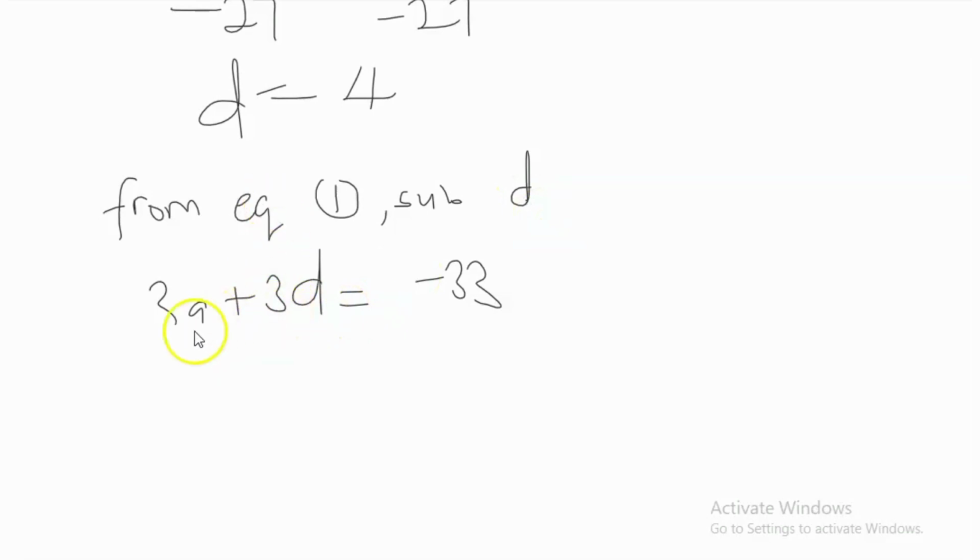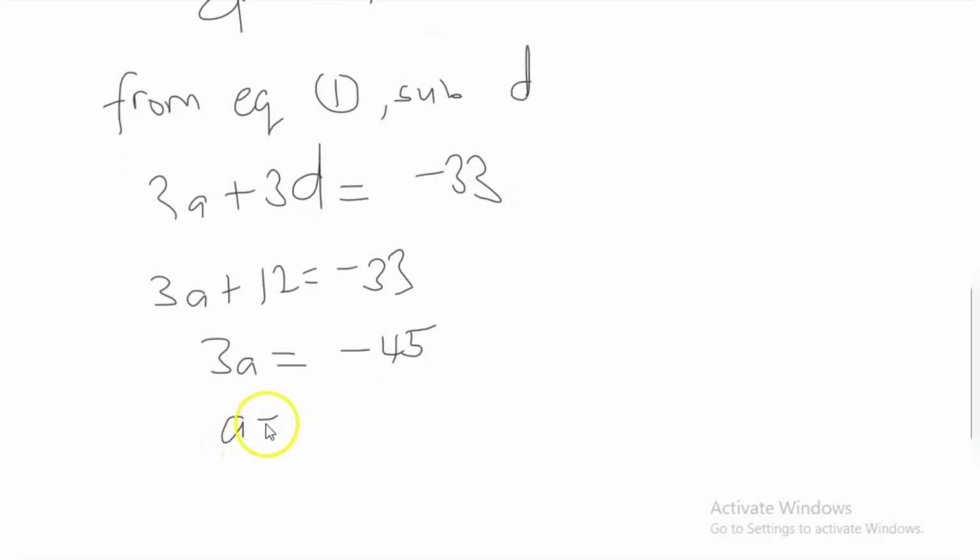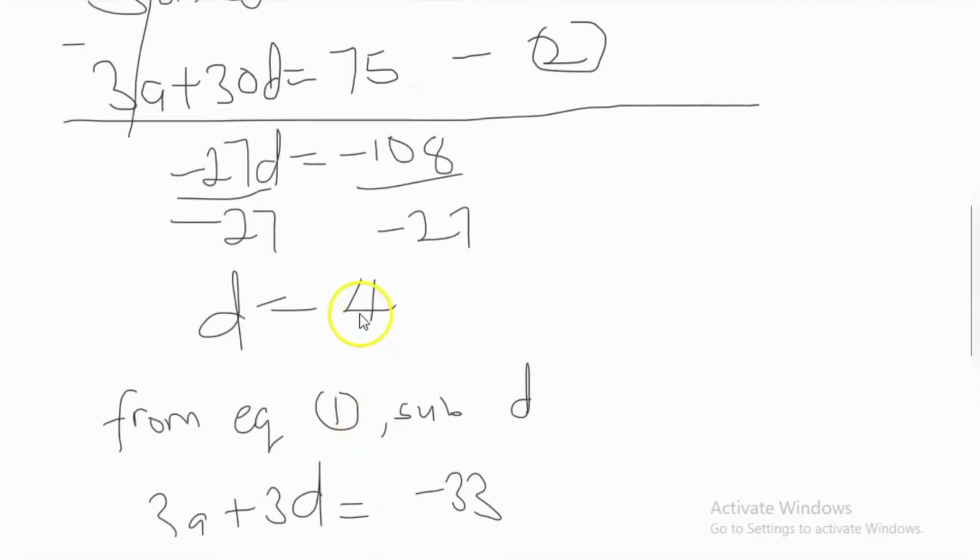Your d is 4, so 3 multiplied by 4 is 12, equal to negative 33. So 3a would be negative 33 minus 12, which gives us minus 45. So your a is going to be negative 15, because minus 45 divided by 3 will be minus 15. So your a is minus 15 and your d is 4.